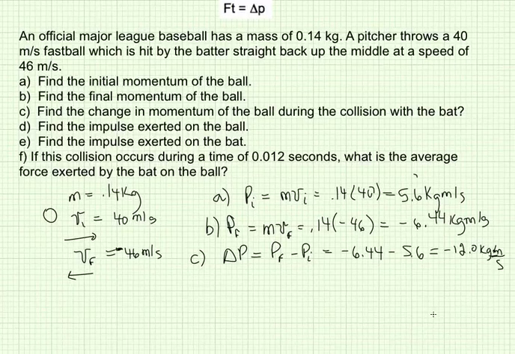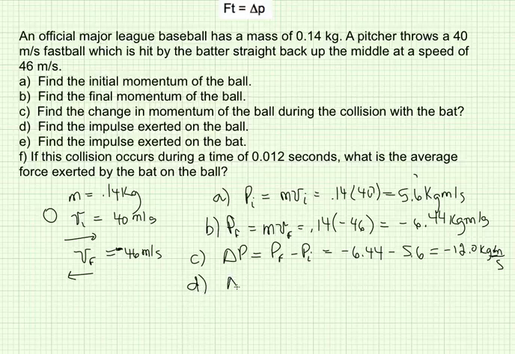The negative just means that this ball is now going to the left, which we've given a negative sign. But notice that it's not the difference between the 5.6 and 6.44. We actually had to sum them up because of the signs.